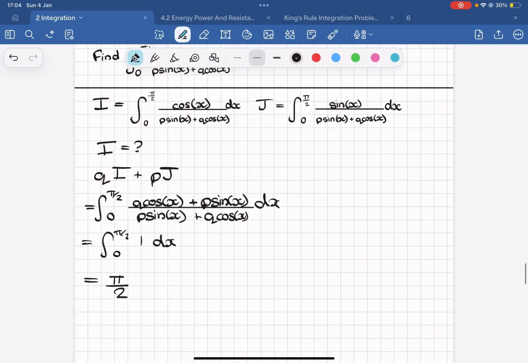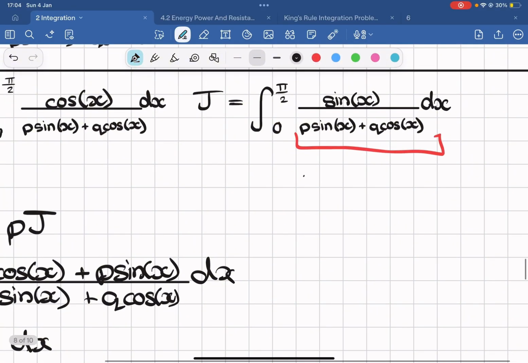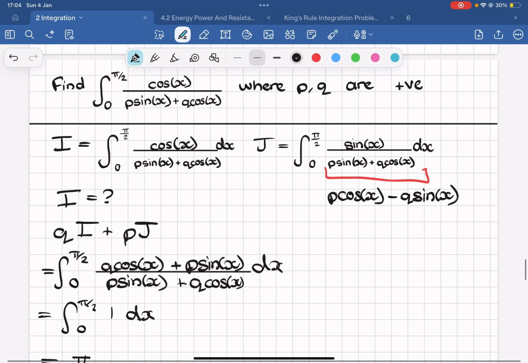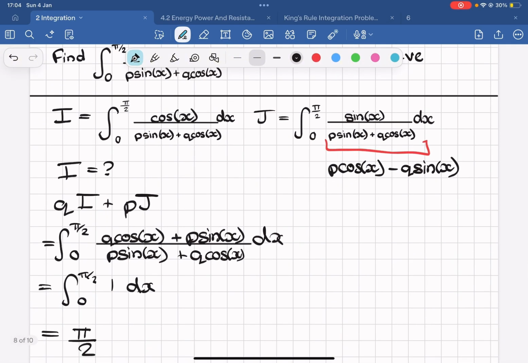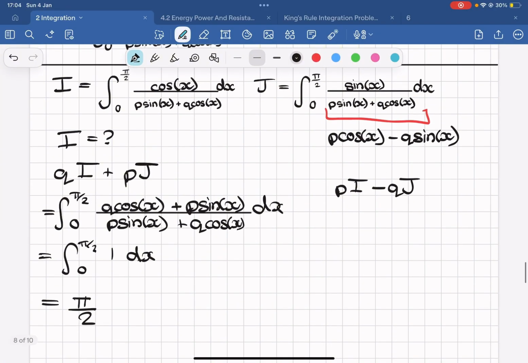So again, if we check the derivative of the denominator, we have p cos x minus q sin x. So what we're doing here is we need to bring in p cos x, which is pI, and we need to subtract qJ, so that's q sin x. So let's go ahead and check this works.